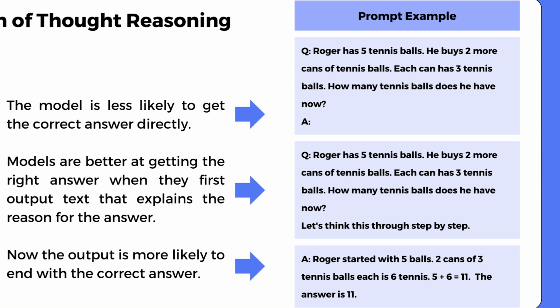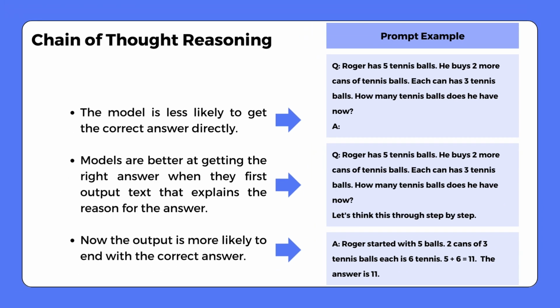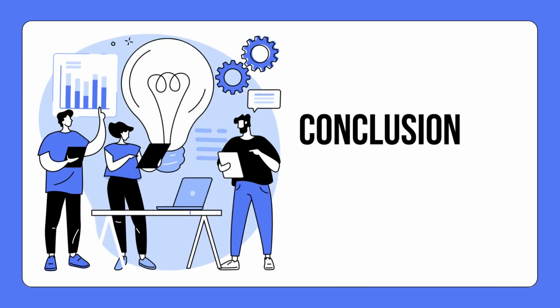How many balls does Roger have now? Initially, the model might struggle to provide the correct answer. However, after presenting the problem a second time, the model becomes more likely to conclude with the correct answer. The chain of thought reasoning assists in enhancing the understanding and response capabilities of large language models.